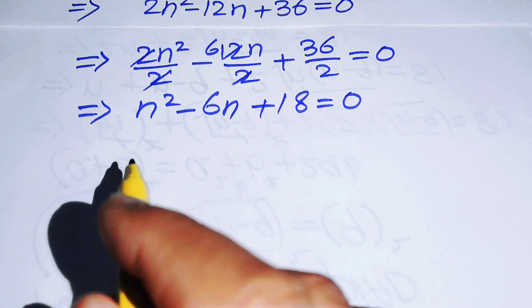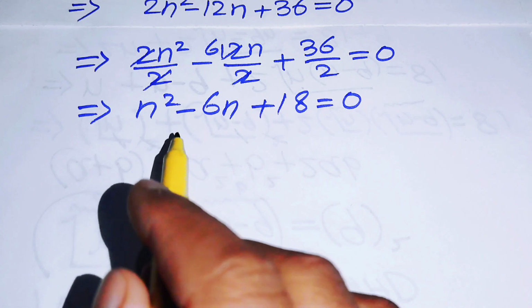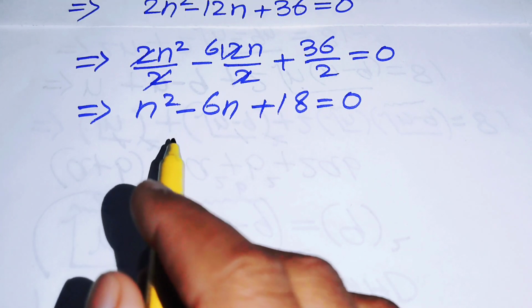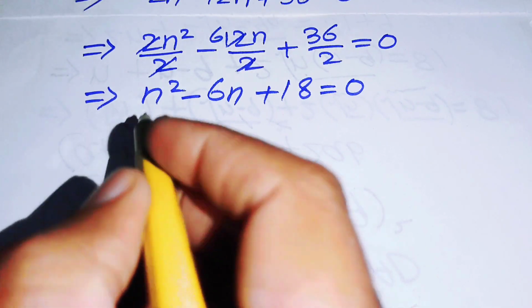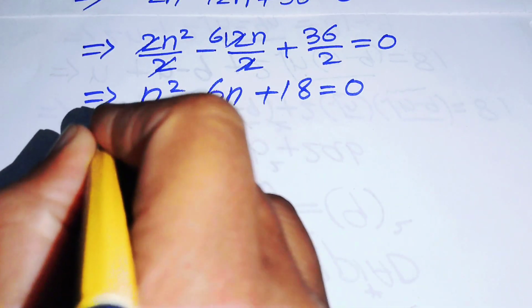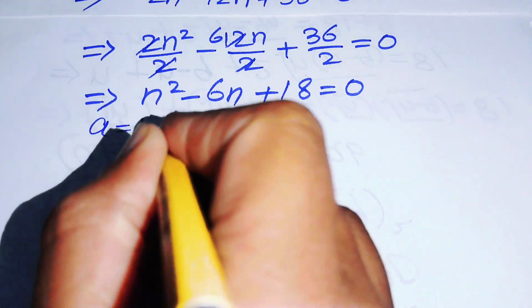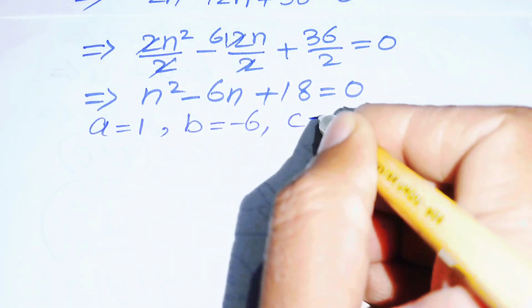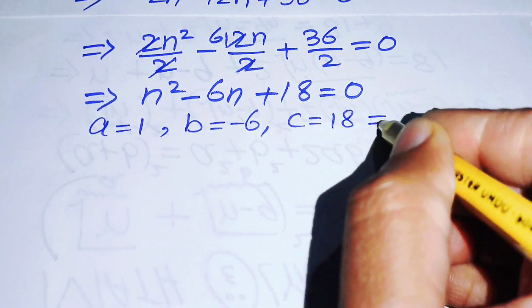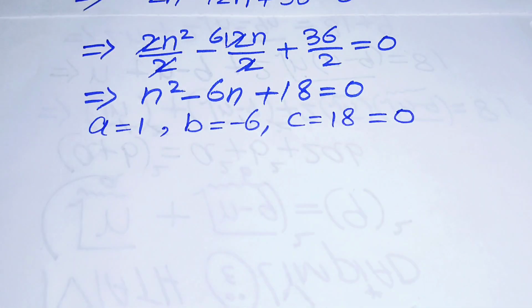So this is the quadratic equation in standard form, and now we use the quadratic formula in order to solve this equation. Here first we write the coefficients: a = 1, b = -6, and c = 18.